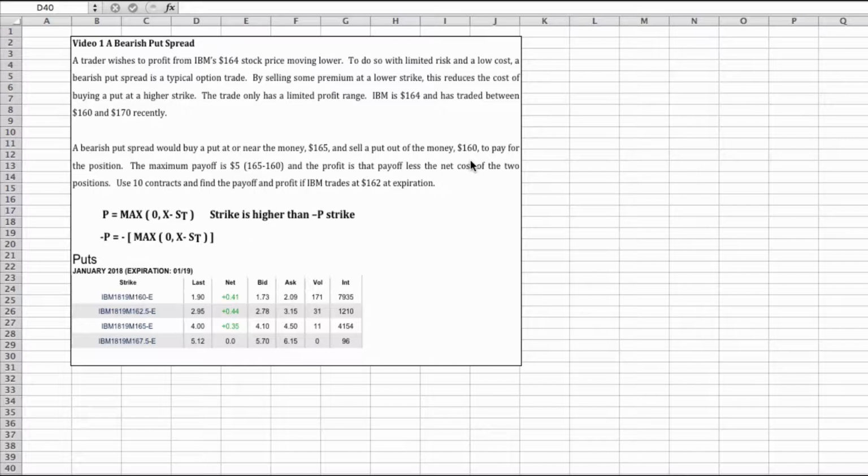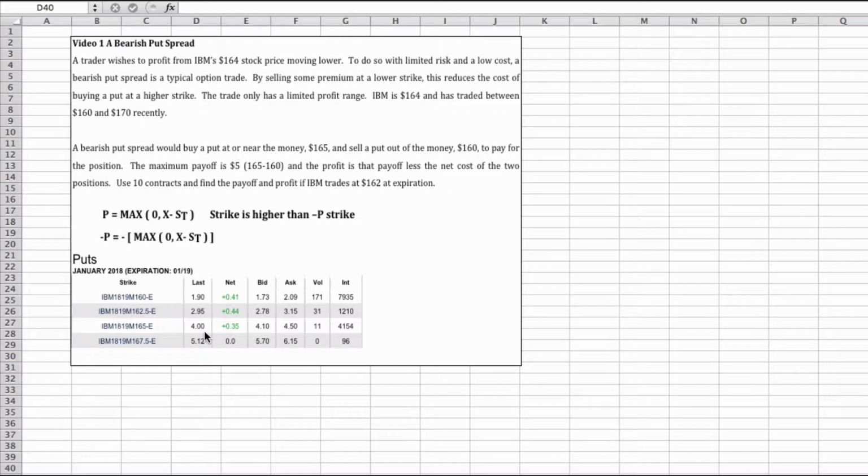And you pay for that. So let's take a look. Buying the 165s, if we were doing this for 10 contracts, well, $4 per share, 10 contracts of 100 shares each, 1,000 shares. So that's $4,000 out of pocket. And you're only trying to make money on IBM moving down, and you kind of think it's only going to move down a little bit.